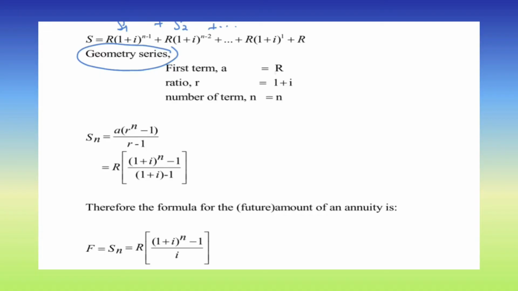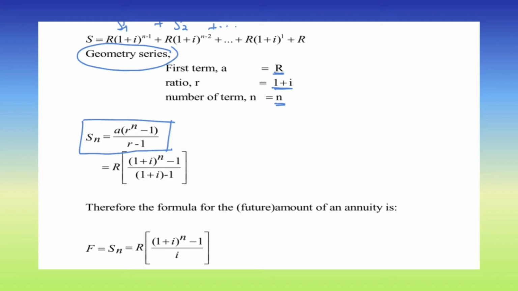Our first term is R, the common ratio is 1 plus I, and the number of terms is N. We know the formula for Sn for a geometric series: Sn equals A times R to the power of N minus 1, over R minus 1.